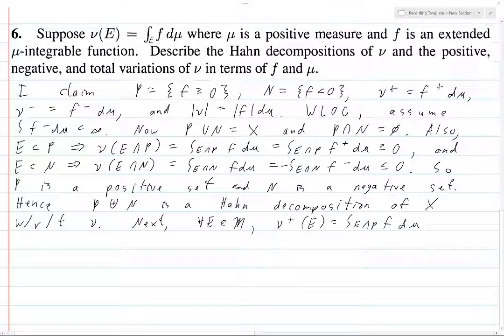And because we're integrating over P, this is just the integral over E of f plus d mu, because when we integrate over E intersect N, f plus is equal to 0 there identically. And so this tells us that nu plus is equal to f plus d mu.